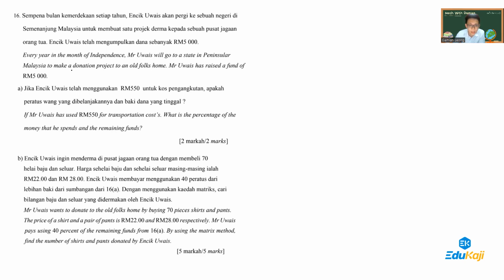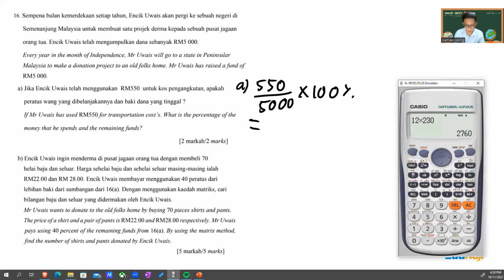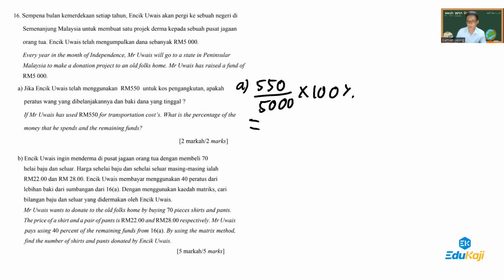So basically, percentage of money that he spent, 550 out of the 5,000. So I times 100%, then I get the percentage. 550 over 5,000 times 100, so 11%. Okay, 11% spent.